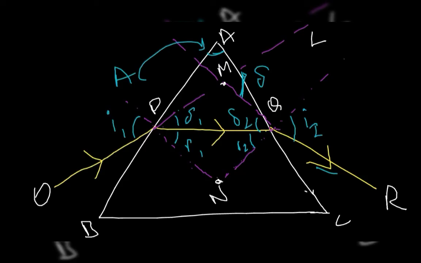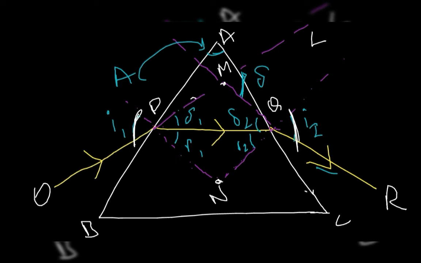So if I go back to the famous diagram I drew, this is my wallpaper for my phone. Here, delta minimum is when the angle of incidence, meaning this, is equal to this.